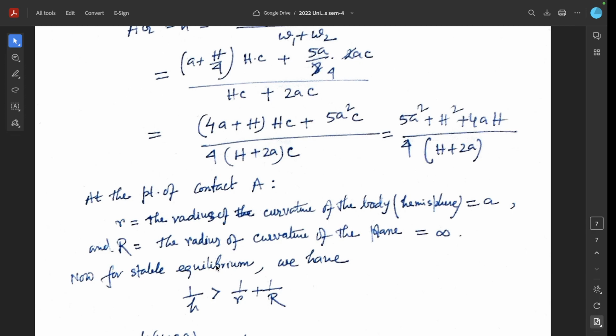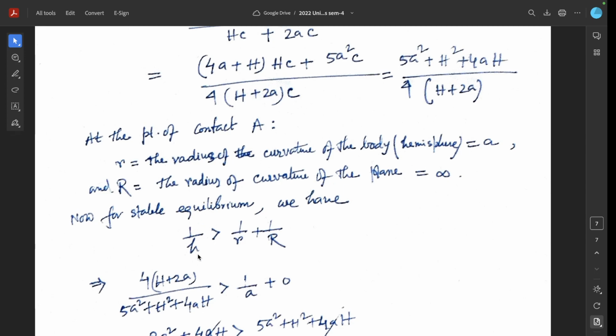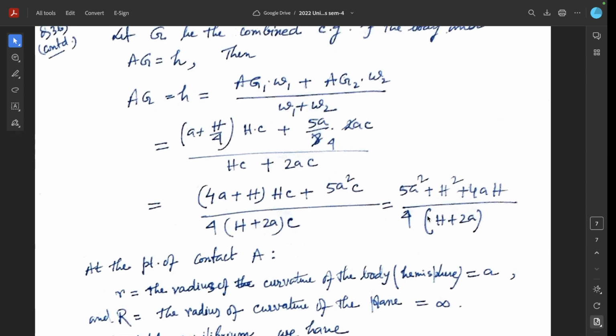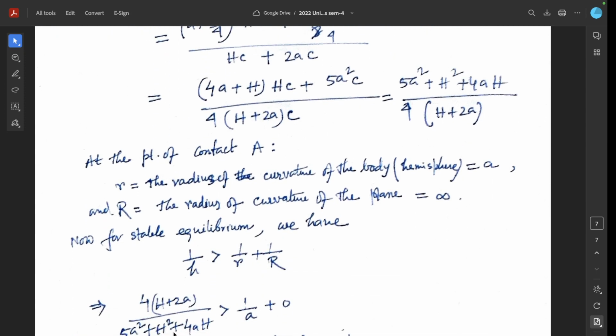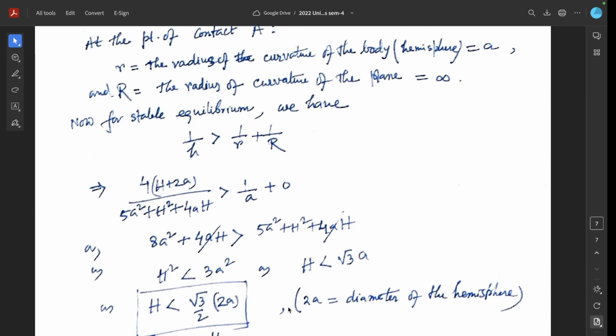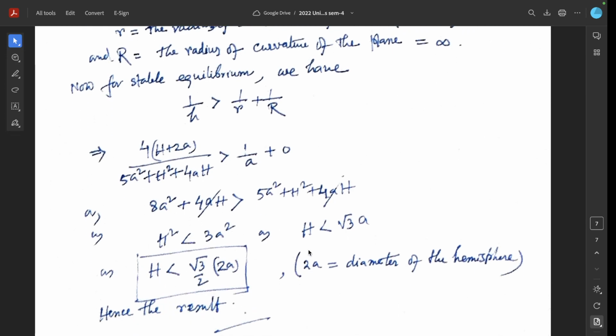So for stable equilibrium, we have 1 by h greater than 1 by small r plus 1 by capital R. Remember this result. Small h equals this, so 1 by h equals 4 into capital H plus twice a, the whole divided by 5a square plus capital H square plus 4h, greater than 1 by a. 1 by R is 0, so after simplification, we get H is less than root 3a.